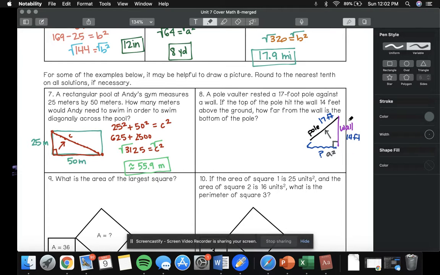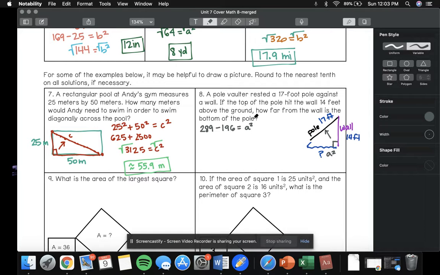So I am going to do 17 times 17, and I get 289. But this is my biggest one, and I have to figure out what adds to 289, so I'm going to subtract out this one. So 14 squared, which is 196, and that will equal one of my square legs.